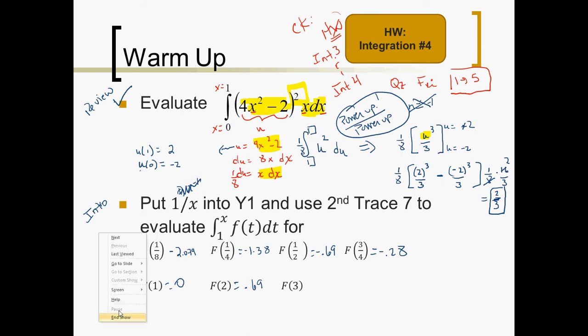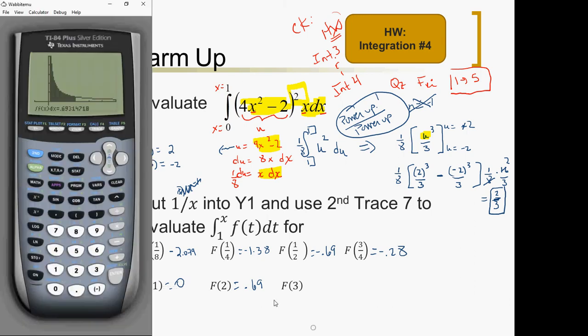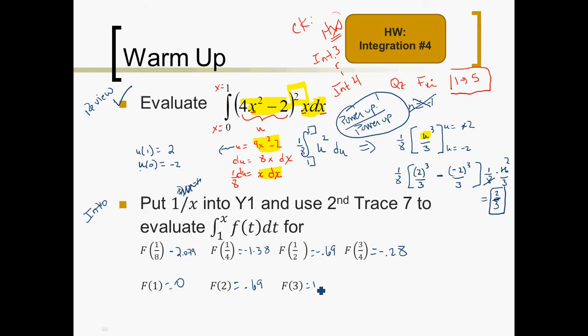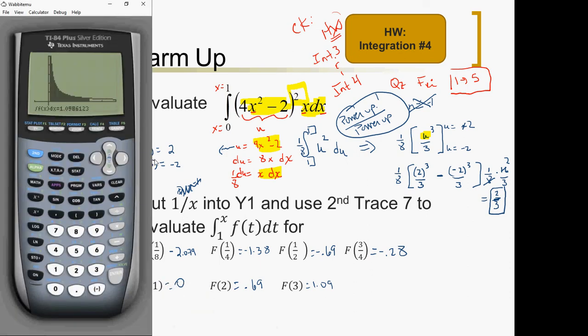And 3, this is our last one, gave us 1.09. Now I'm going to do another thing with my calculator, just for fun. I'm going to hit my Stat button.